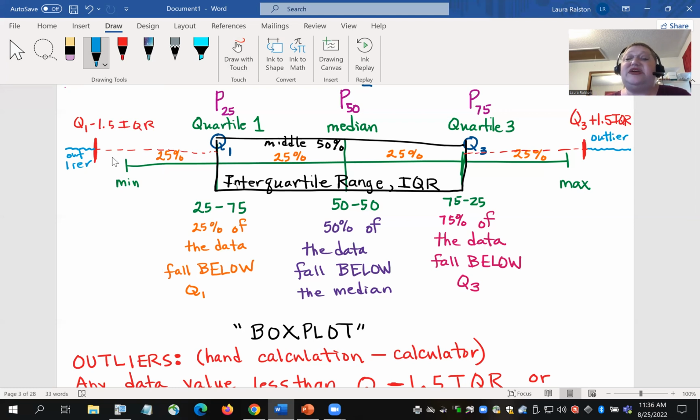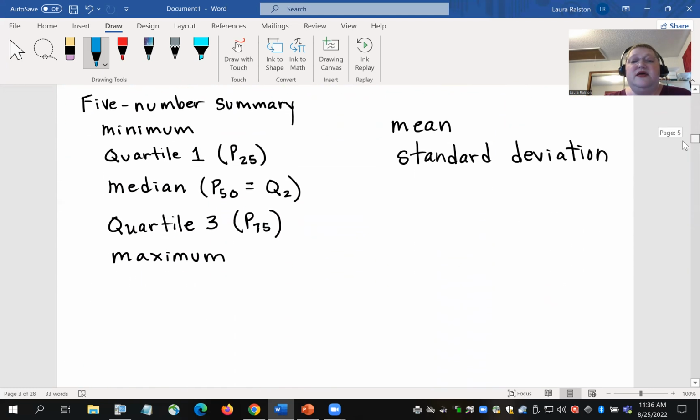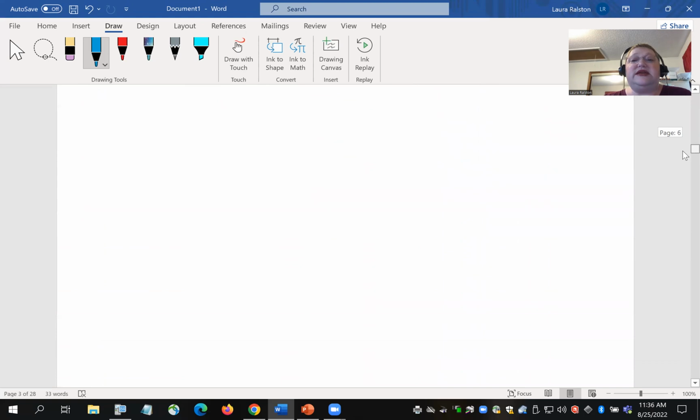Questions before we actually get into MINITAB? I want to actually do this with some data and calculate our descriptive statistics. Now you don't have to memorize the list of statistics that you need to calculate.